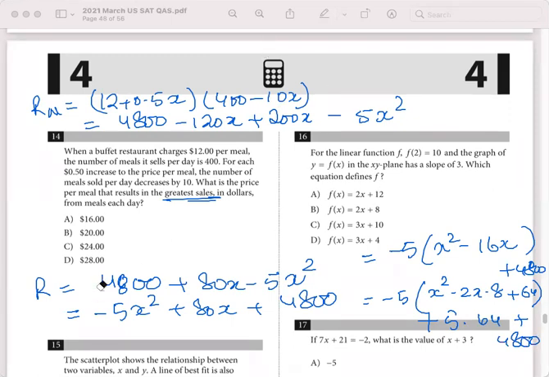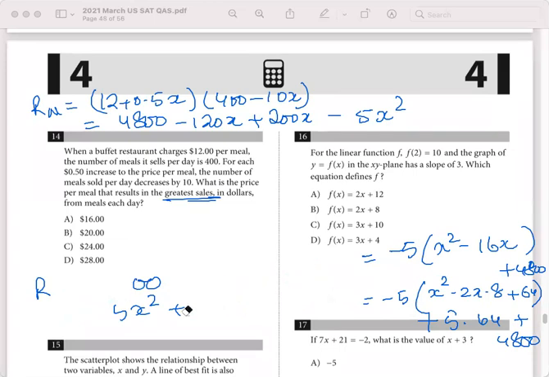Okay, I need some more space, so I'll write here. Right, so this becomes minus 5 times x minus 8 the whole squared plus 64 into 5 is 320, 4800 plus 320, which is 5120.